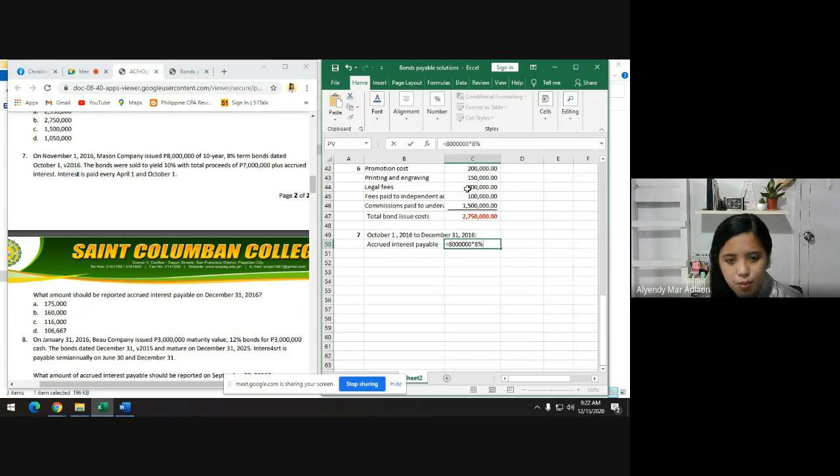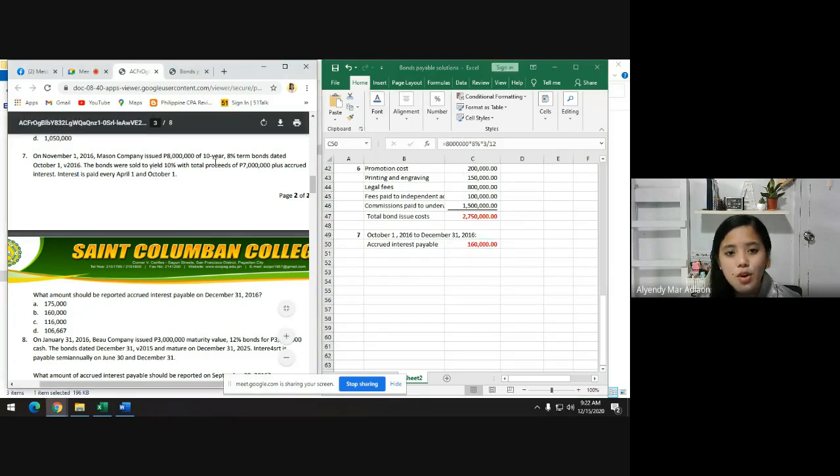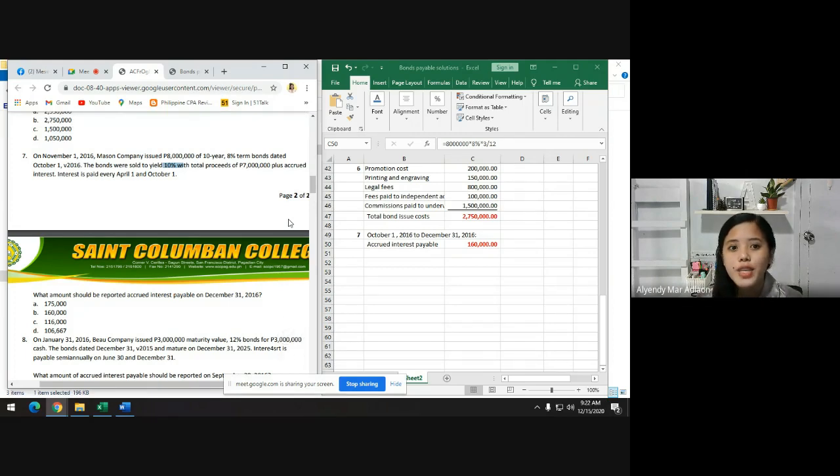And then multiplied by October 1 to December 31, that is 3 months. So 3 over 12. That is 160,000. Okay. Ma'am, unsa man pagkabalo, whether 8% ba or 10%, kay duha man ang gihatag nga interest. So take note, kung moingon ta og accrued interest payable, kana siya ang interest nga bayaran.